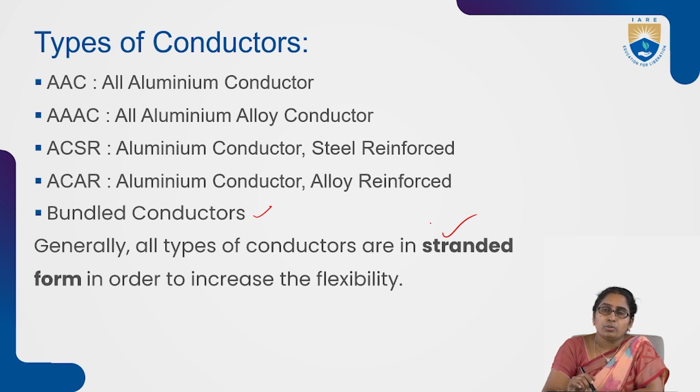Wound together. So now, what is the difference between a stranded conductor and a bundled conductor? In a bundled conductor, the distance between the subconductors is usually 30 centimeters or more.